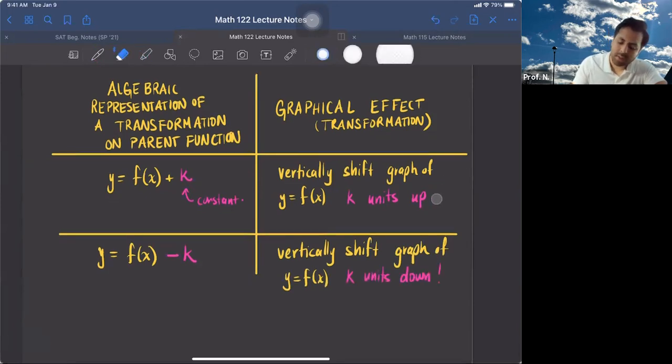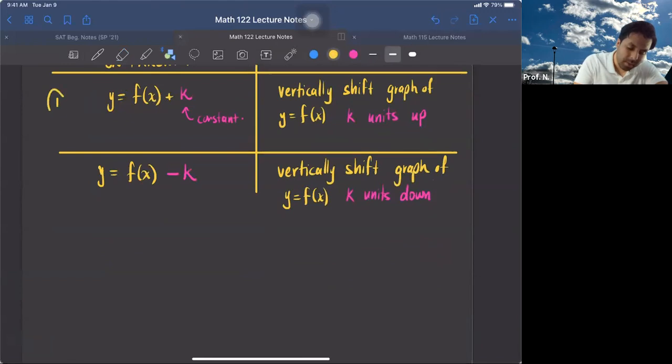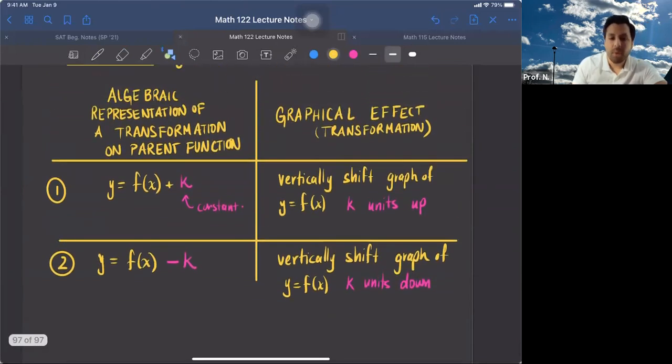So I don't need these exclamation points every time. So is everybody with me with this? Yes. So what we can think about these on the left side of this table is as commands.